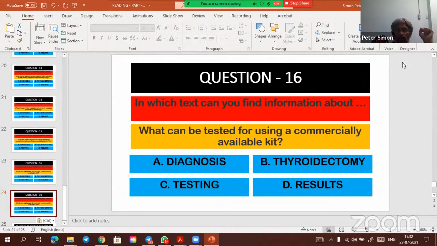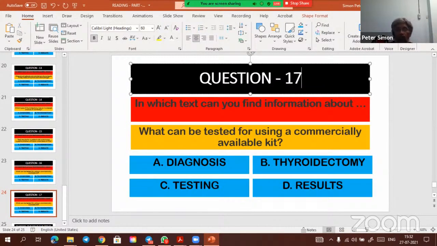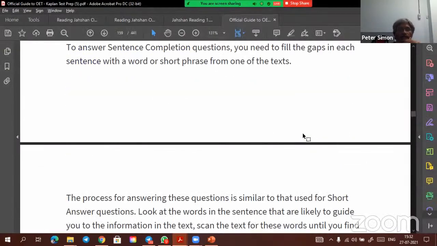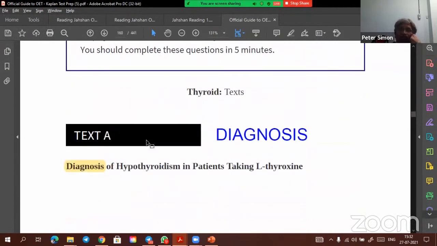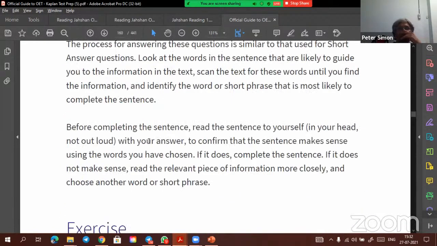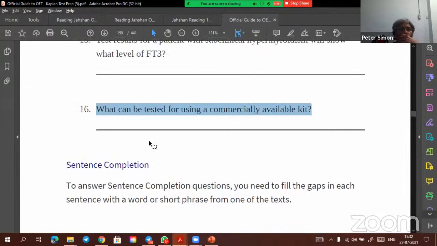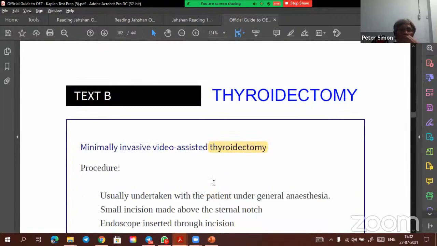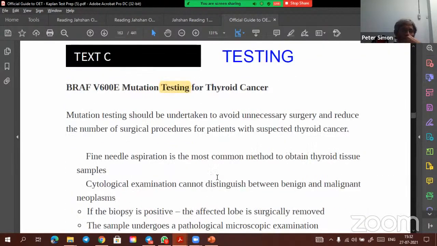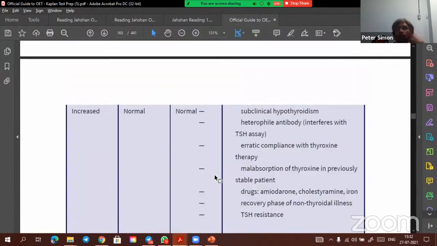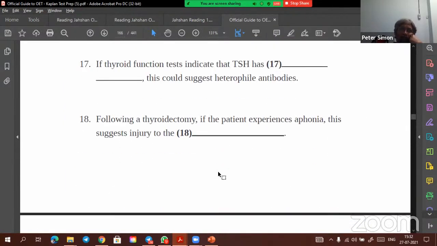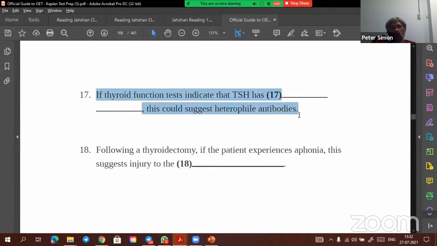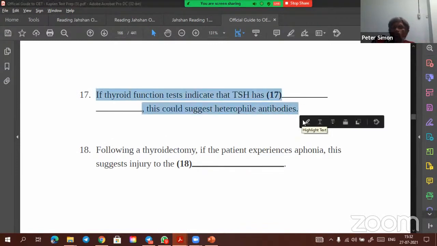Right, question number 17. These are sentence completion. That means fill in the blanks. So, sentence completion. Here it is. So where will you find this information? Fill in the blank. We don't want the answer now.